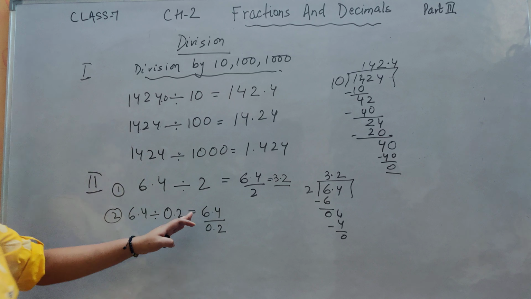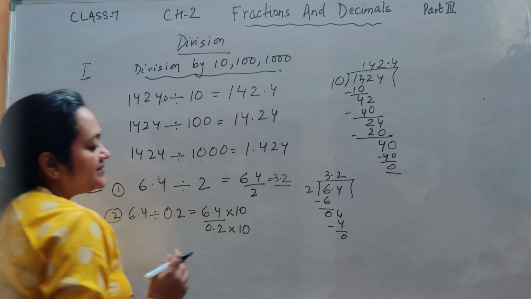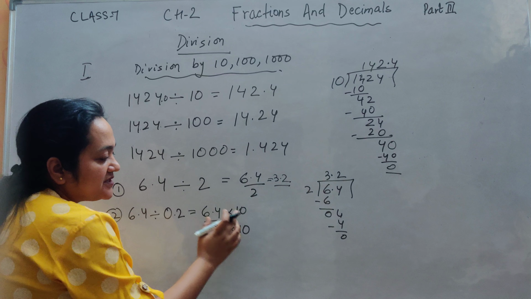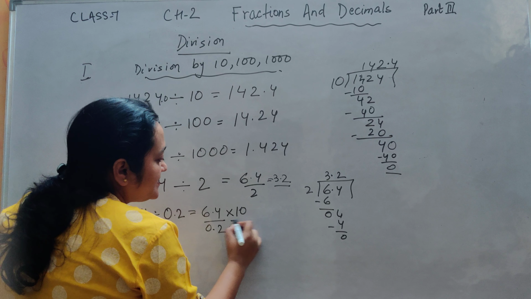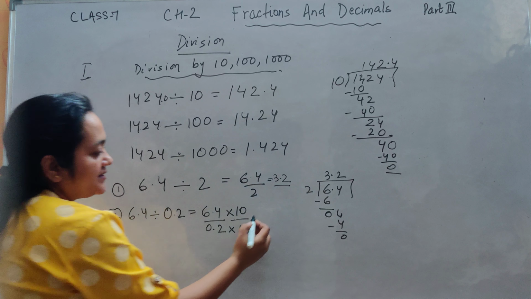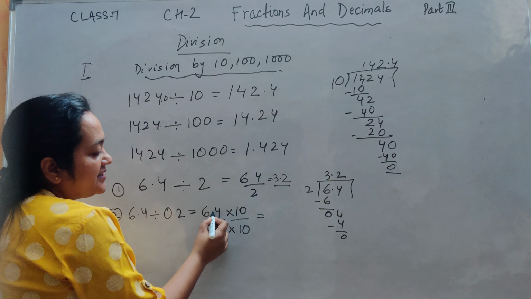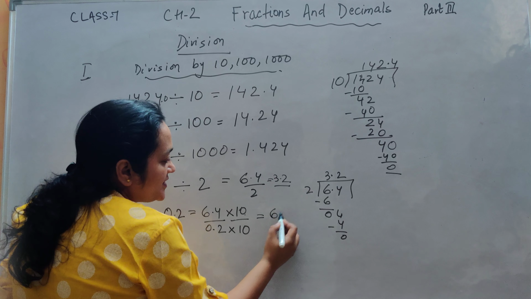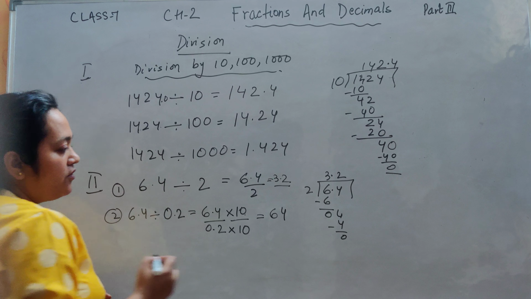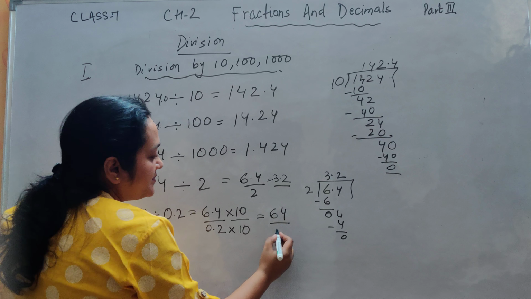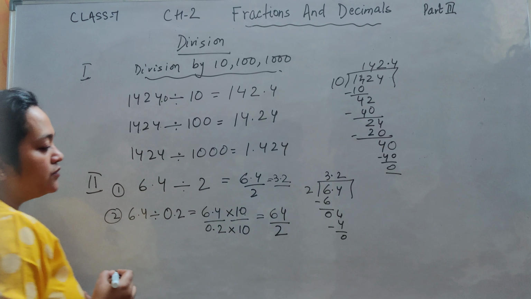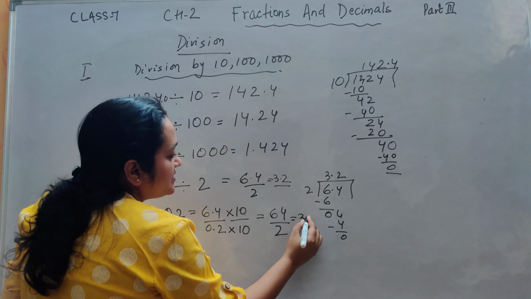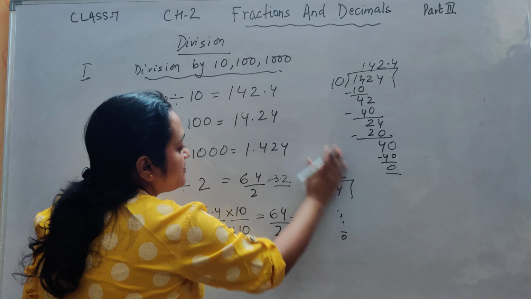So I multiply the numerator and denominator by 10. In order to maintain the equality, they should be multiplied with the same number. So what do I get? I know if I multiply it by 10, the decimal will move one place towards the right. So it will be 64 in the numerator and in the denominator it will be 2. What is 64 divided by 2? The answer will be 32.